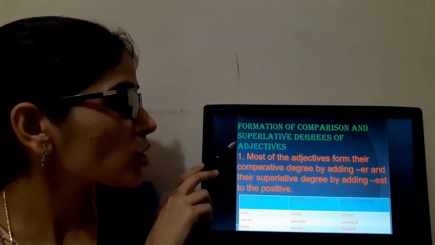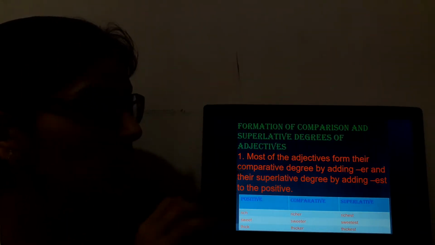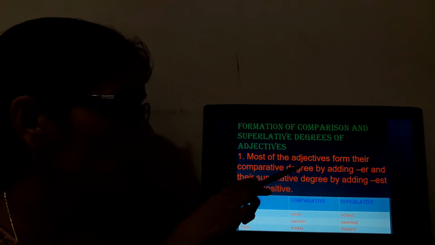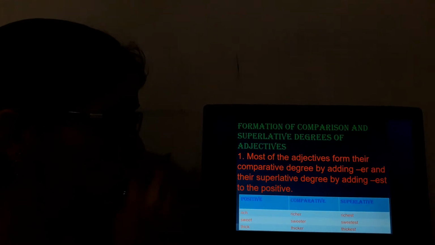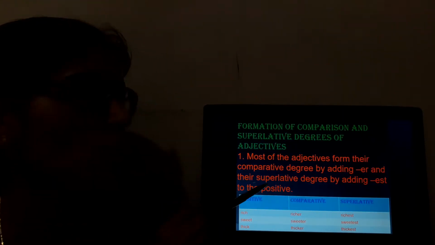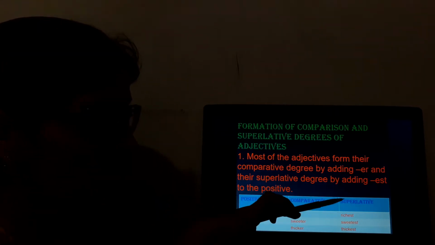Formation of the comparative and superlative degree of an adjective. So here there are some rules which you have to follow. First one, most adjectives form their comparative degree by adding er and their superlative degree by adding est to the positive. Here you can see the positive. Here you can see the comparative and superlative.